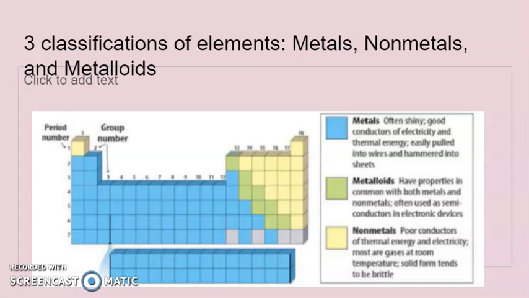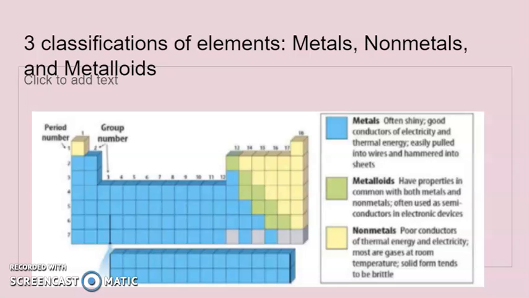The metalloids, which are the green section right here, are the smallest section, and they are often used in our electronic devices as conductors. Down to this yellow section, which is second most, are the nonmetals, and nonmetals are poor conductors. Most of the time, they're gases at room temperature, and they tend to be brittle when they are in solid form.